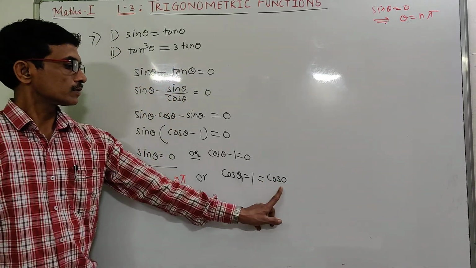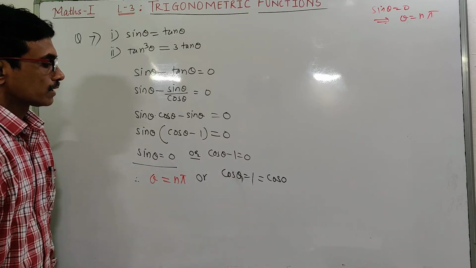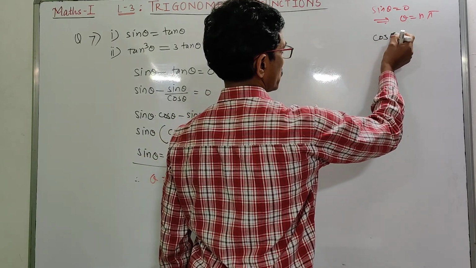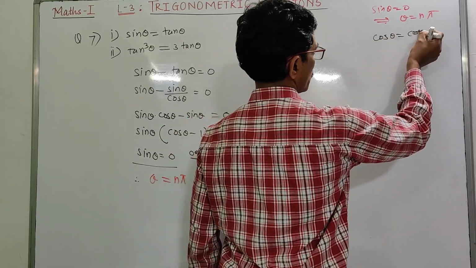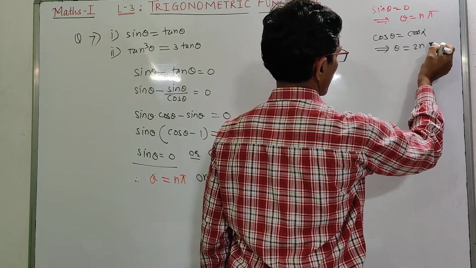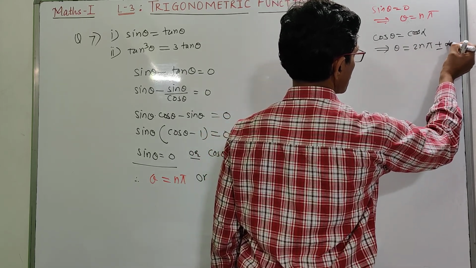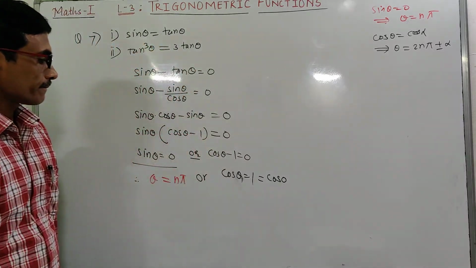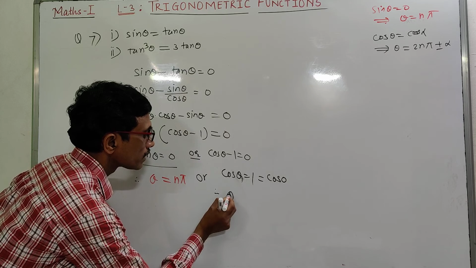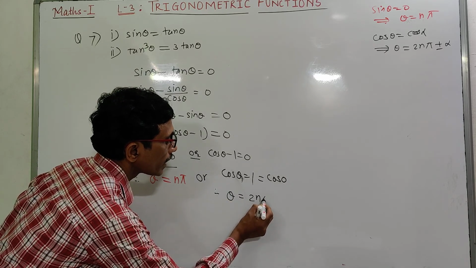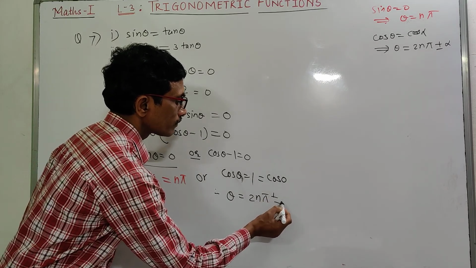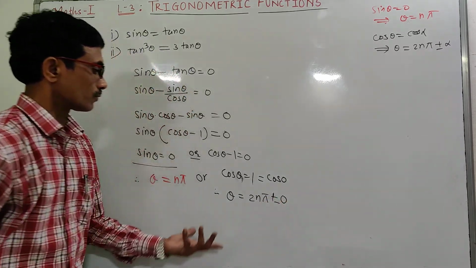Cos theta is equal to cos 0. Now cos theta is equal to cos alpha implies theta is equal to 2n pi plus minus alpha. So alpha is 0 here, therefore theta is equal to 2n pi plus minus 0.